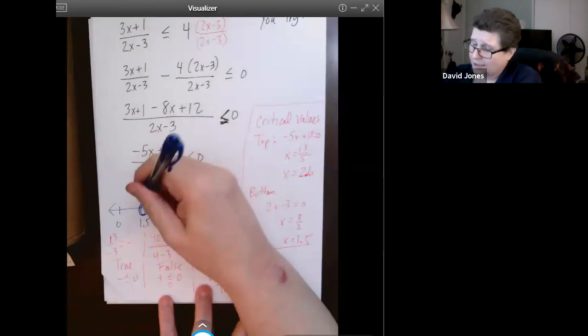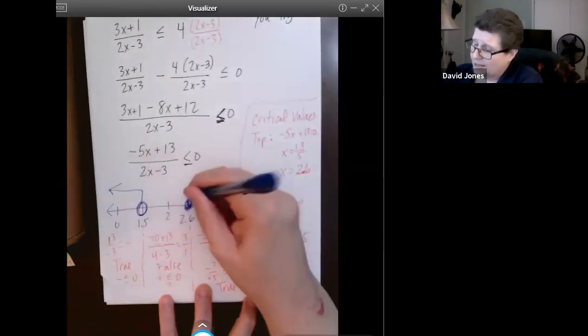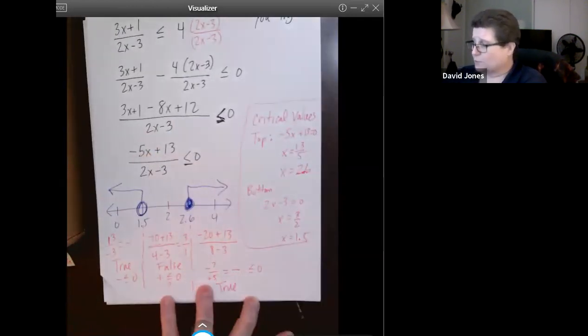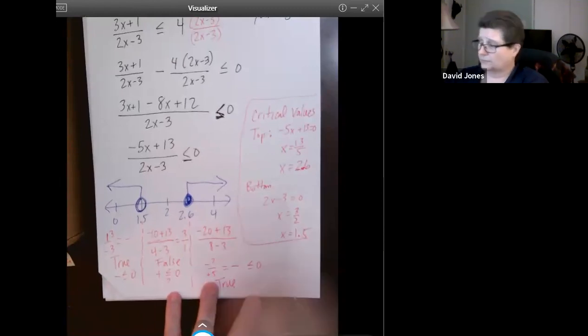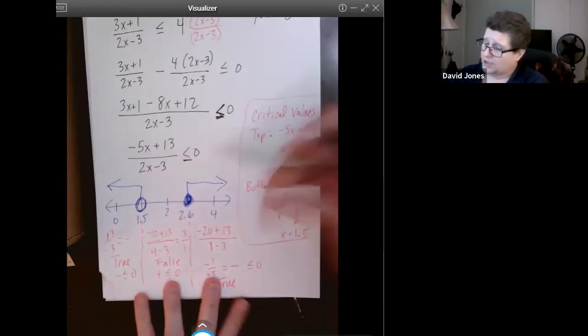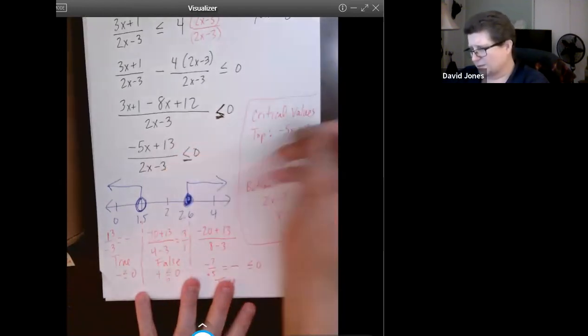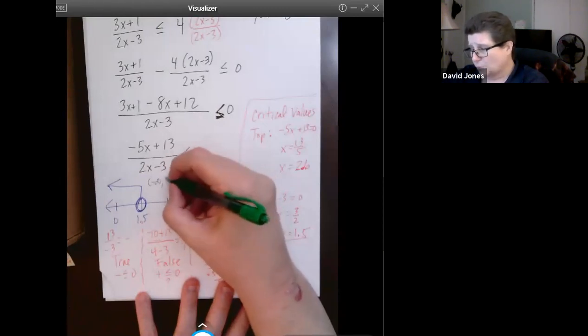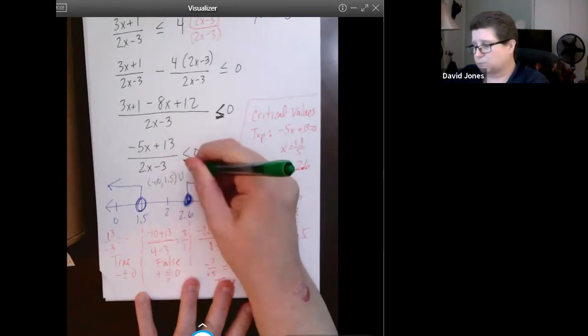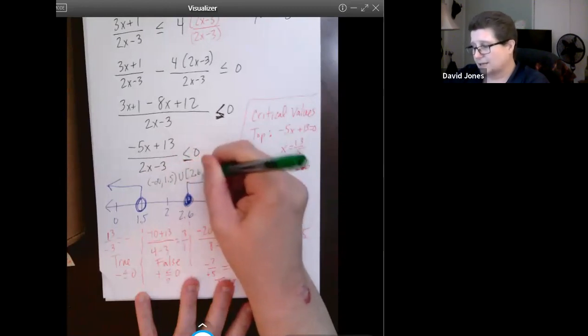So we're going to go to the left, and we're going to go to the right. Left of 1.5 and to the right of 2.6. And just to keep it on the same page, I'll do interval notation above it. Negative infinity to 1.5, parentheses, in union with bracket 2.6 to infinity.